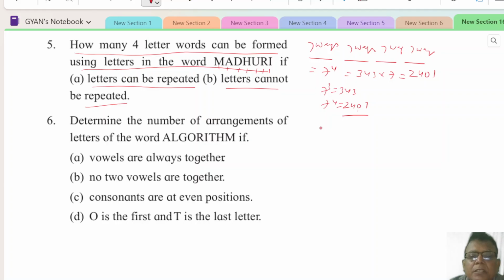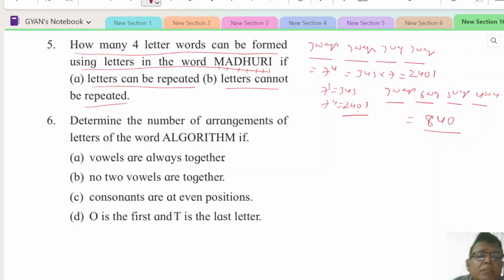That means here how many ways? Here 7 ways, here 6 ways, 5 ways, and 4 ways. So that is multiplied, and the answer is 840.